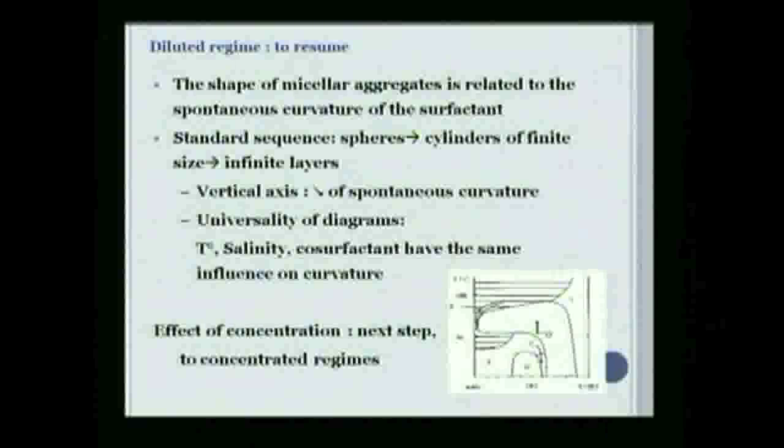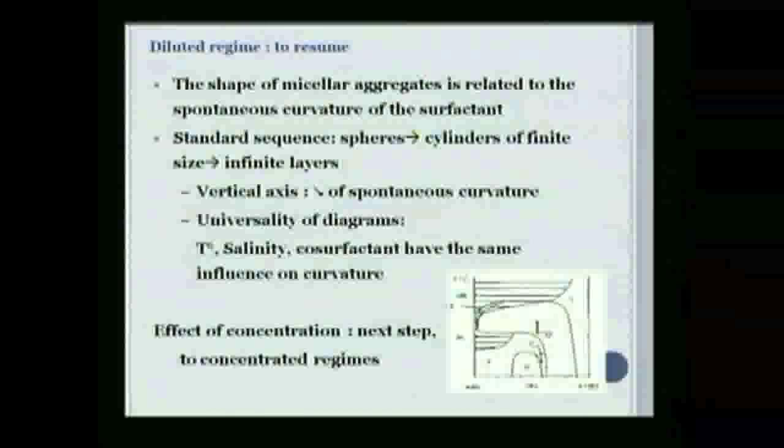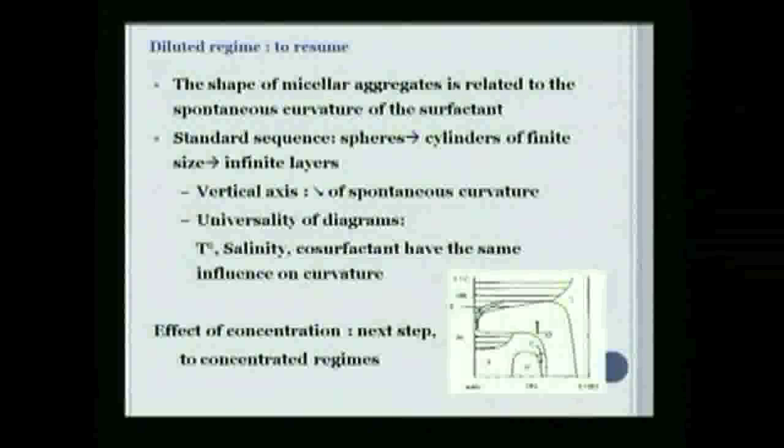When you move along the vertical axis, you have a decrease of the spontaneous curvature, and we have seen that there is a universality of all the diagrams, whatever the chi parameter. Always the same kind of situation, same influence of curvature. So this is for a dilute regime, easy to understand.